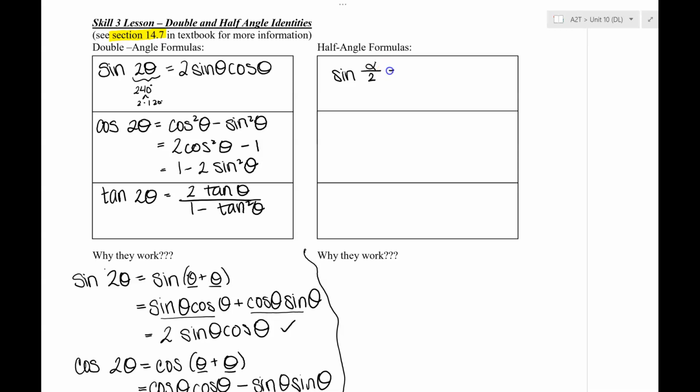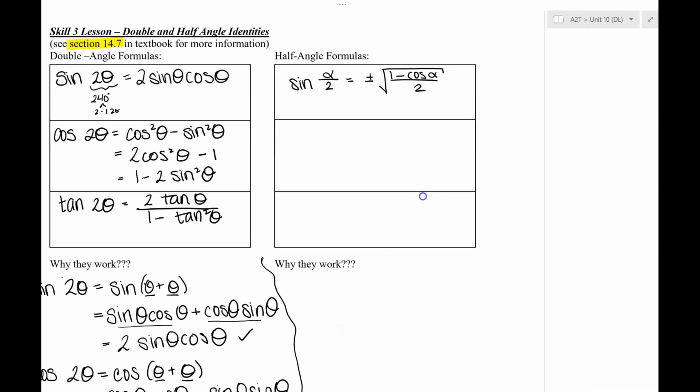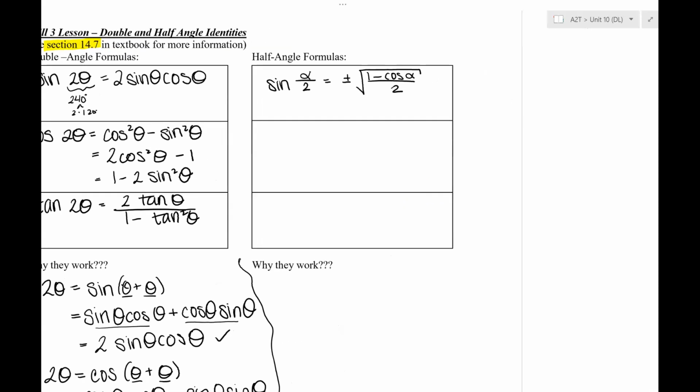And for sine, it is plus or minus the square root of 1 minus cosine alpha all over 2. Sorry about the cough. And so that plus or minus is determined on whatever angle we're trying to find. I'll talk about that in just a sec, after we get these down.